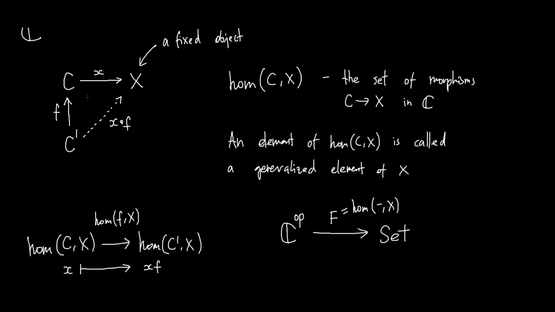Can I think of a morphism between objects as some kind of transformation of variable sets? In fact, I can. So let's now consider two different objects, X and X prime. Each of them gives rise to a functor. The first functor will be Hom(-, X).